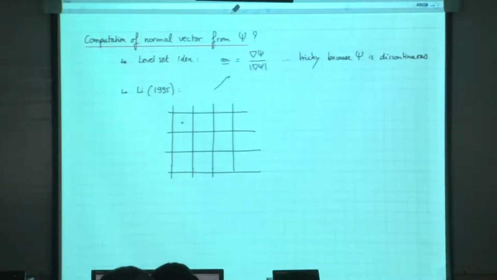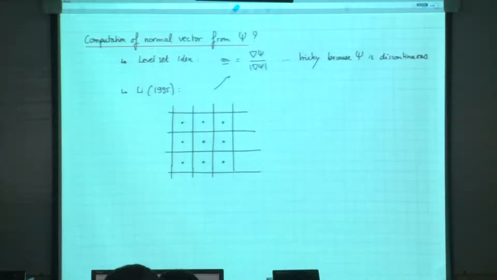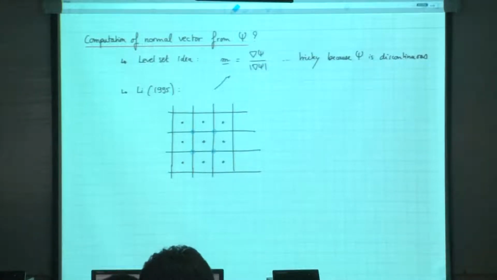If I have a volume fraction and those 9 cells, Lee proposes to use a compact stencil to estimate the gradient of psi at those cell corners.